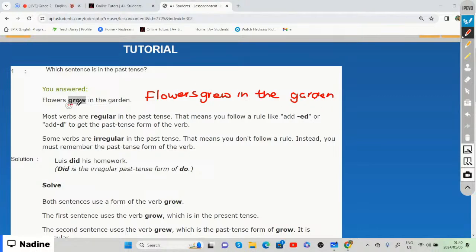So grow being the present tense form, grew being the past tense form.